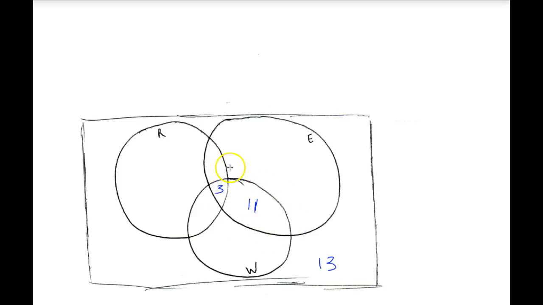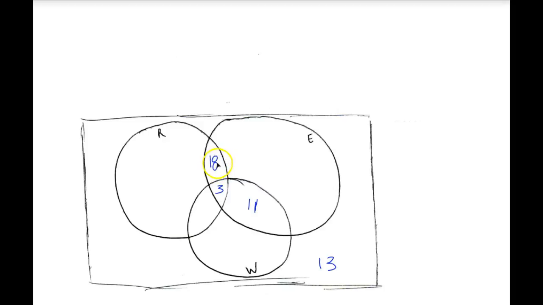Okay. And now we see that 3 plus 11 gives us a total of 14 people inside E intersection W. If we go to R intersection E, we see that we have a total of 21 people, and that is here. If we take that 21 and subtract the 3 that's already there, we end up with 18 people.